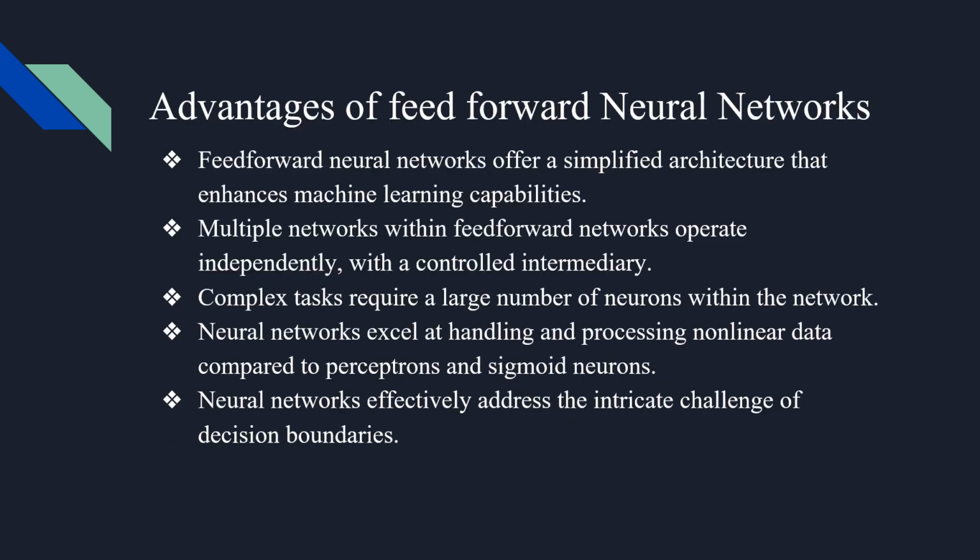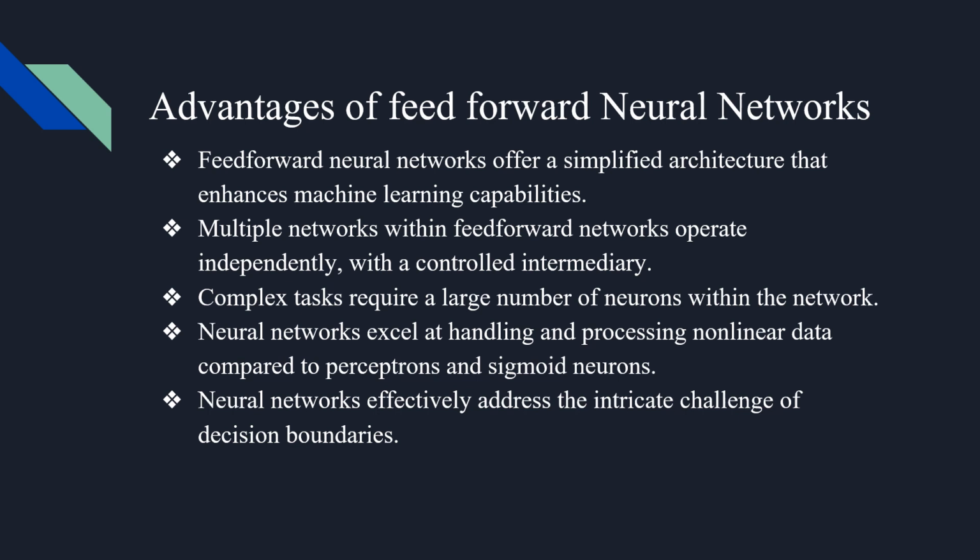Then next, advantages of feed-forward neural network. First of all, feed-forward neural network offers a simplified architecture that enhances the machine learning capabilities. Multiple neural networks within a feed-forward network operate independently with a controlled intermediary.